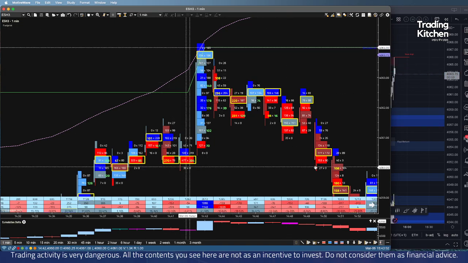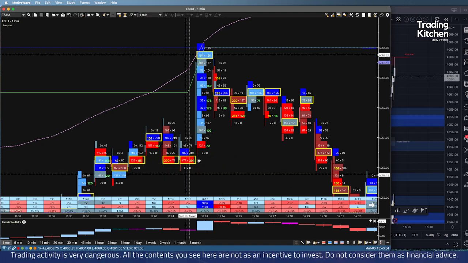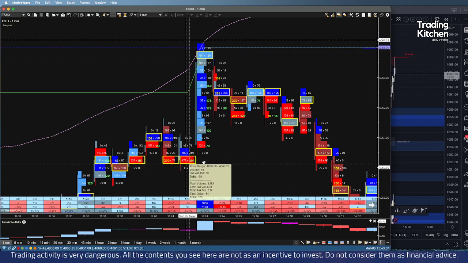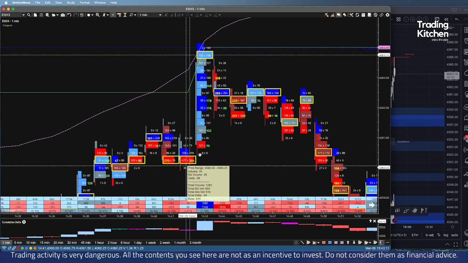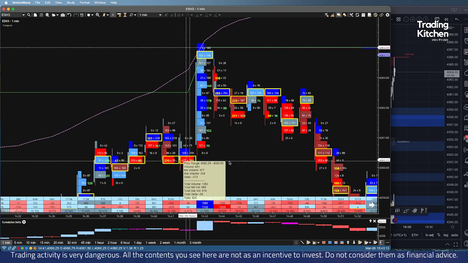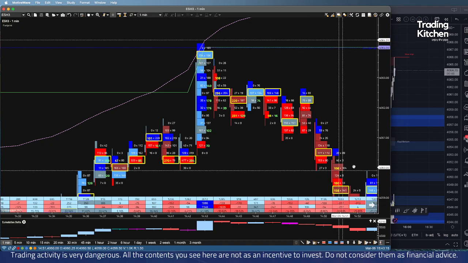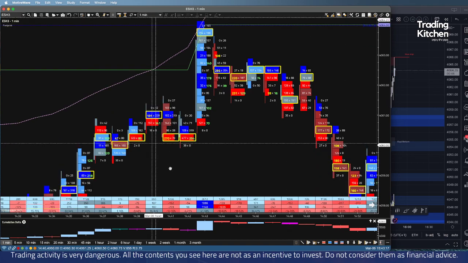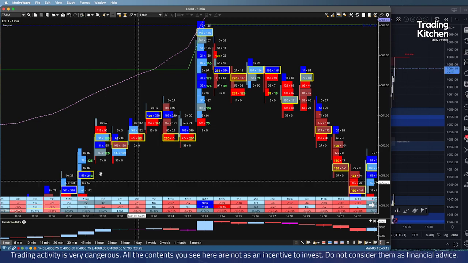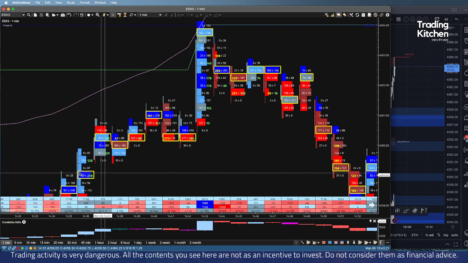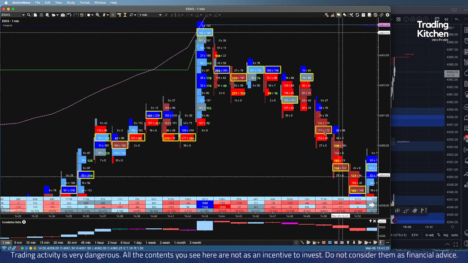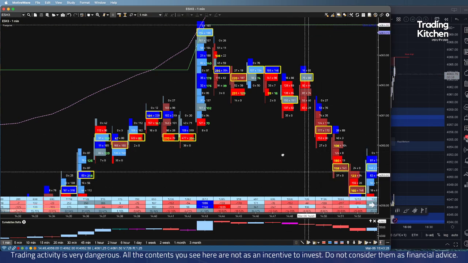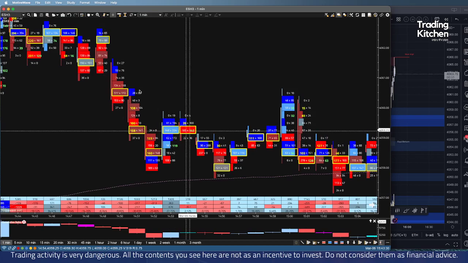If it does the same down, below this buyer imbalance, it means that probably price is going down or is going to grab the liquidity, for example, because we have an untested POC here with strong volume. But this did not happen. A lot of seller imbalances here, and price is moving down.